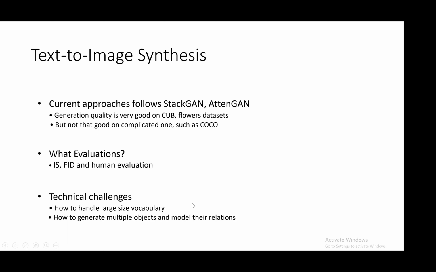And talking about the technical challenges in this domain, I think first is, can we find better evaluation metrics instead of the traditional inception score or FID or human evaluations. And the second one is, I look at all the current GANs, I think they try to learn the discrete mappings between different attributes to the image, like the color, the objects, the size, and some other attributes.